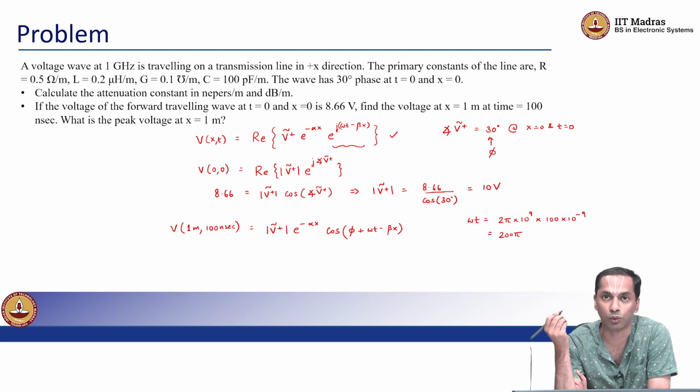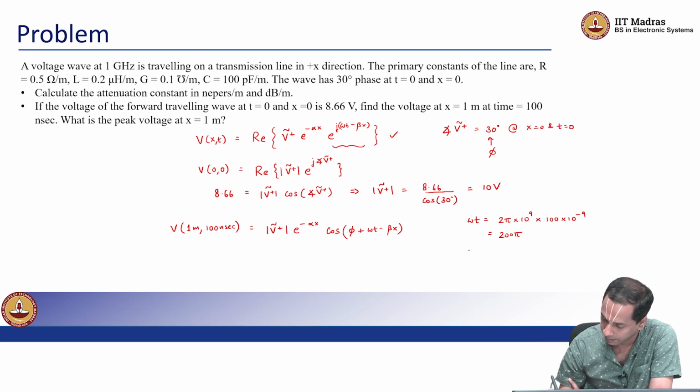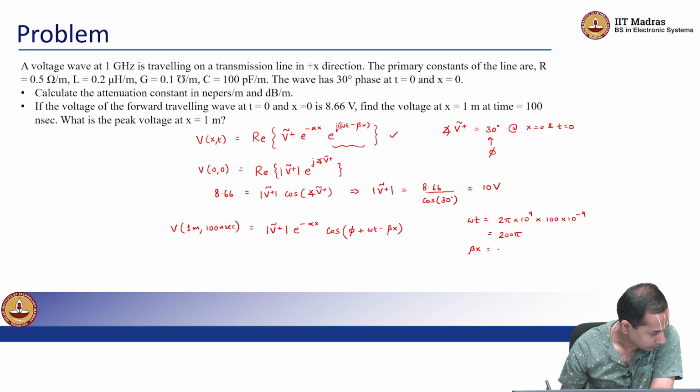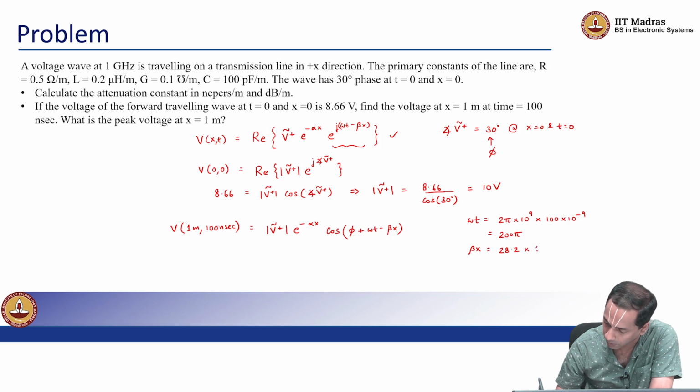Because it's a multiple of 2 pi, so it's essentially not doing anything. Let's see what about beta x. So beta was 28.2 radians per meter multiplied by 1 meter. So that is 28.2 radians.